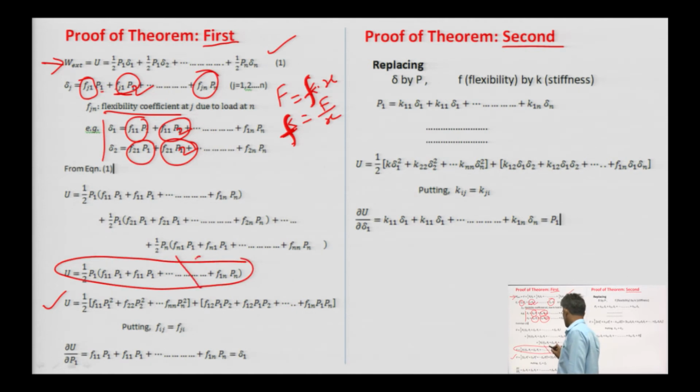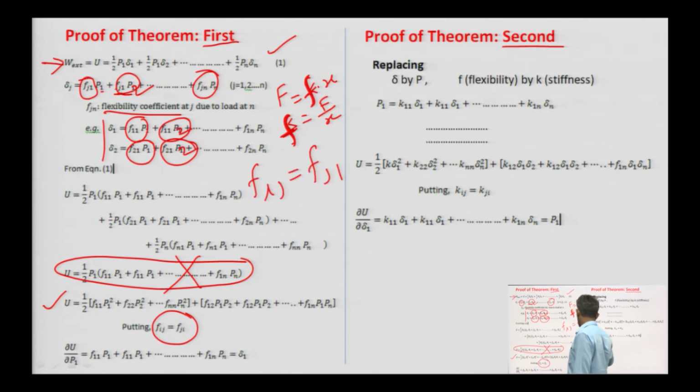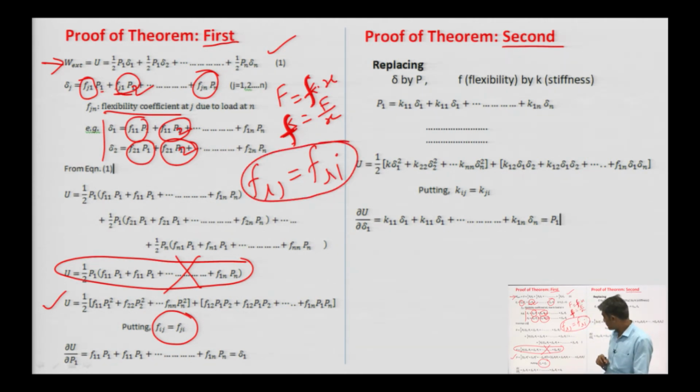So, strain energy, by putting this and arranging in this manner, with flexibility coefficient f i j equal to f j i. Both are the same according to Maxwell's reciprocal theorem, which we will discuss in the next classes.